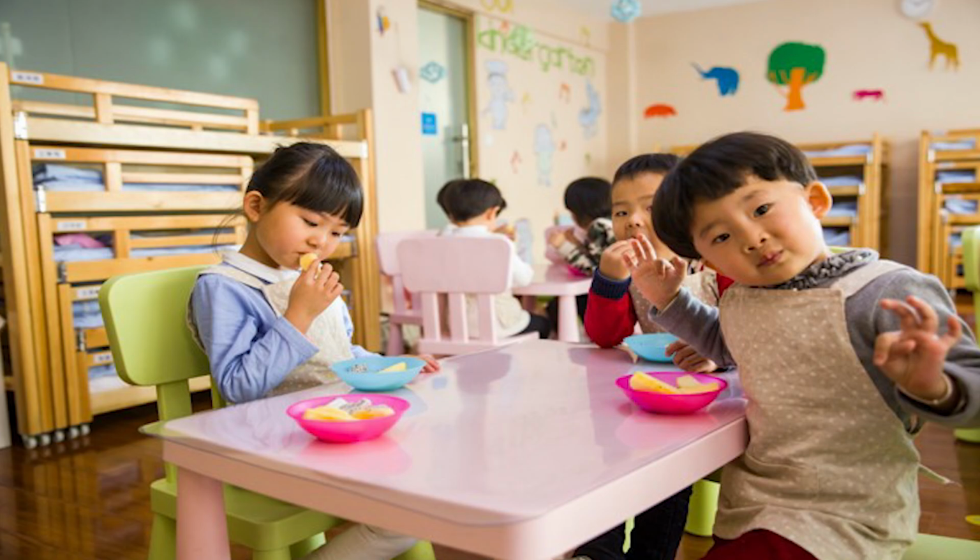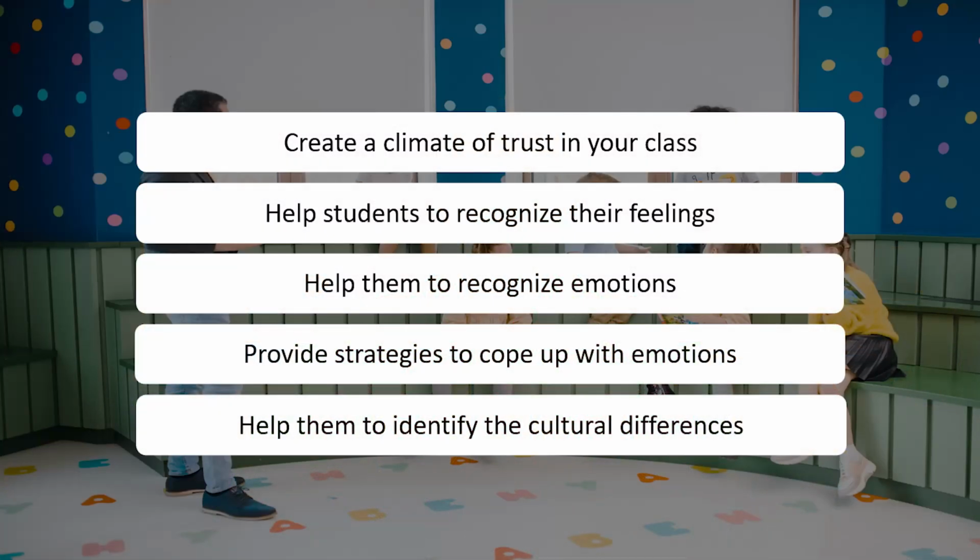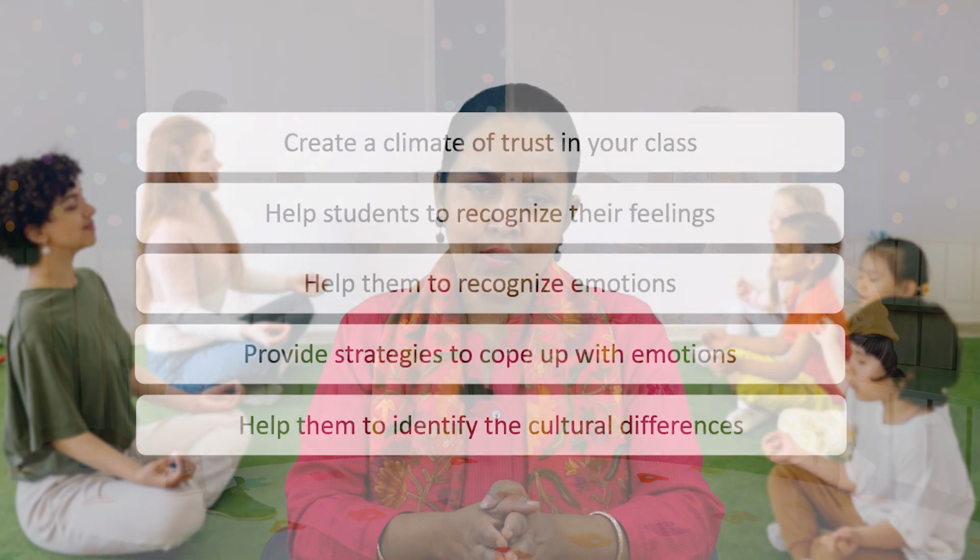So in order to welcome them, as a teacher you can always tell them about the different cultures and the cultural differences which exist. That way, when a student gets to know about different cultures, they start accepting it, they start valuing it, and they feel that it is all right to have cultural differences, and we have to accept all of them. This is another thing.